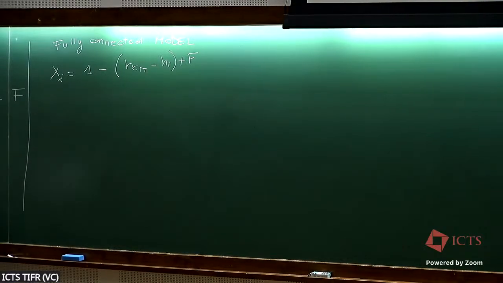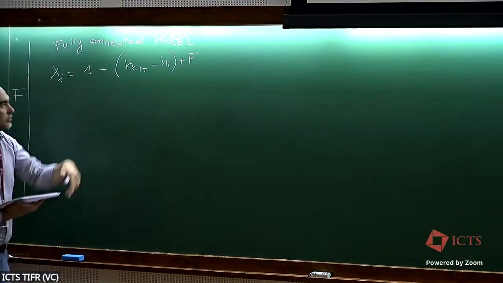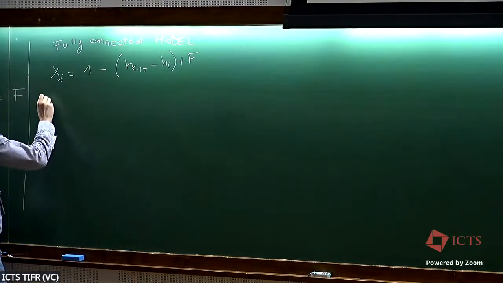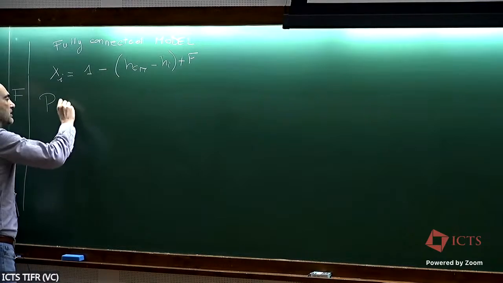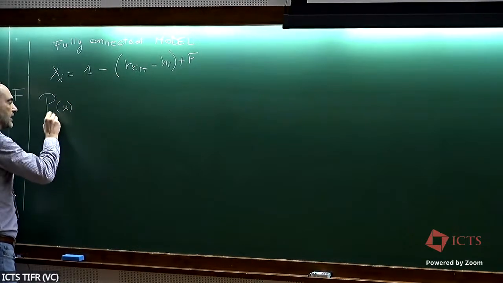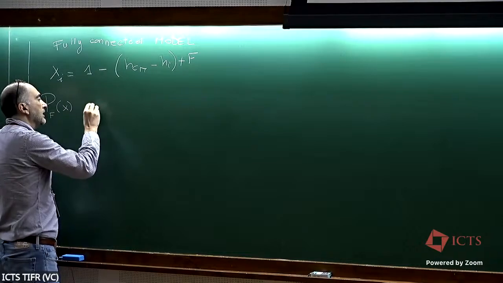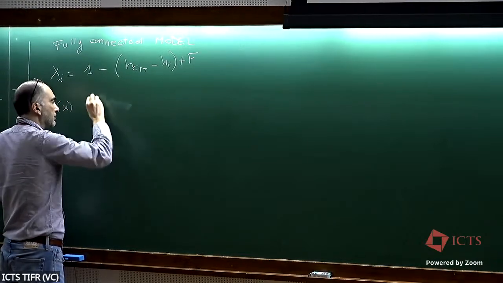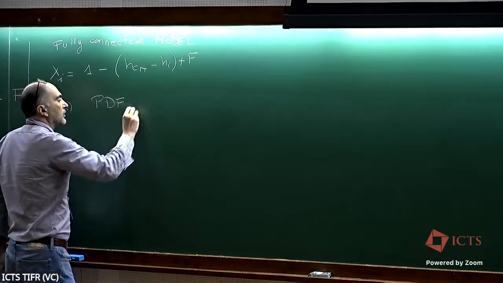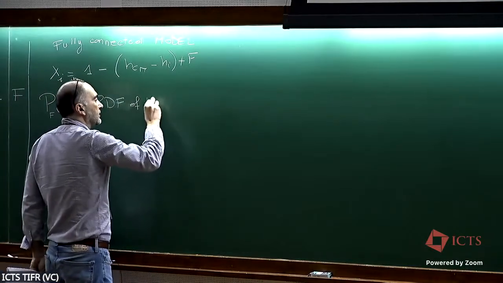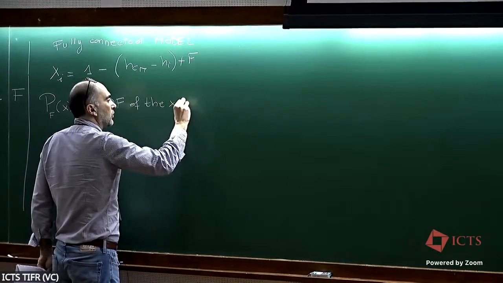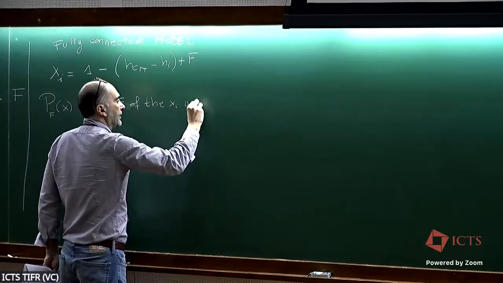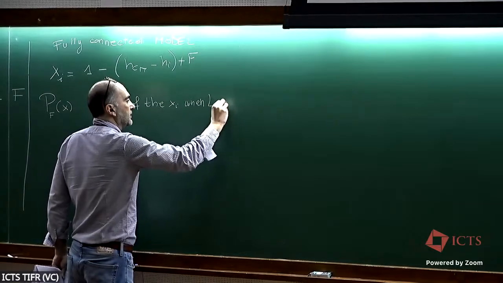If you look at the lecture associated with yesterday, I show that it's possible to study the P of x, which, for a given force F, is the PDF of the xi when L is infinity.